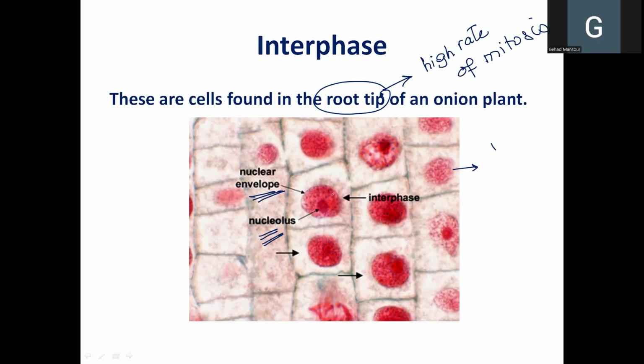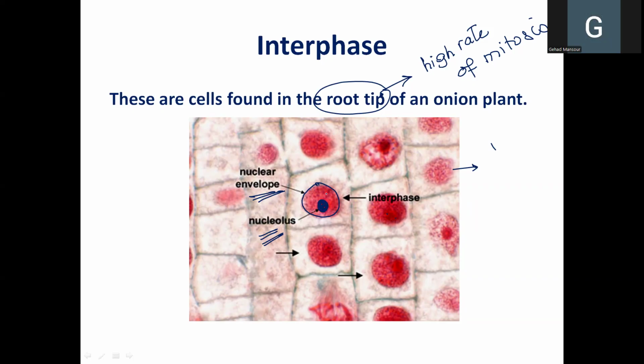We just see visible chromatin or DNA and nuclear material. This is too big to be the nucleolus. I think this is the nucleus, and the nucleolus is a very small body inside. Yes, this is the nuclear envelope, I'm sorry, and this is actually the nucleolus, compared, of course, to the size of the nucleus. It makes sense.